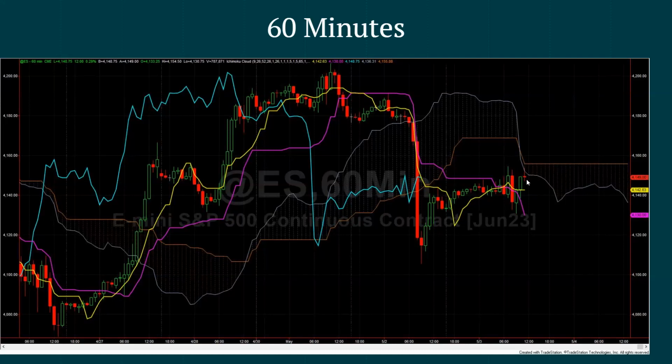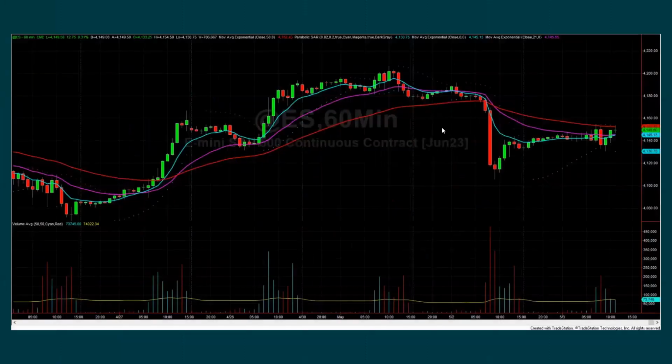So that's one. What I also like to use in the 60 minutes are moving averages, and as you can see, I use the 8 and 21, Fibonacci numbers, and I use exponential moving averages for the 8 and 21. Anytime I use a longer time period, let's say 100 or 200, I rather use simple.